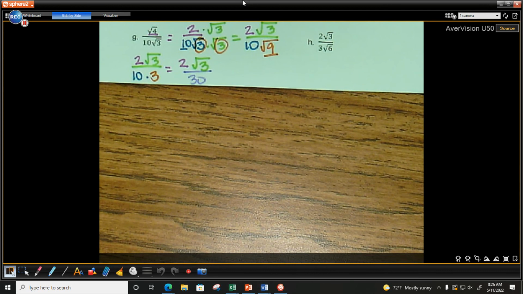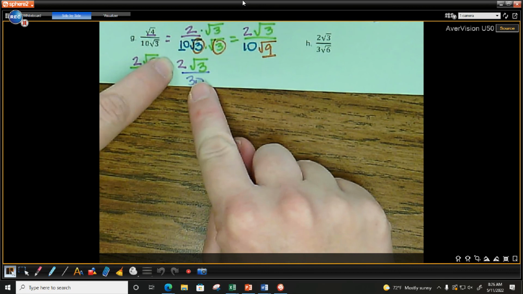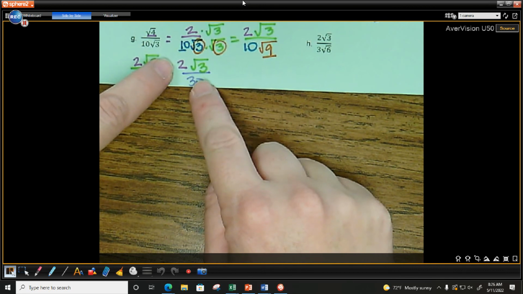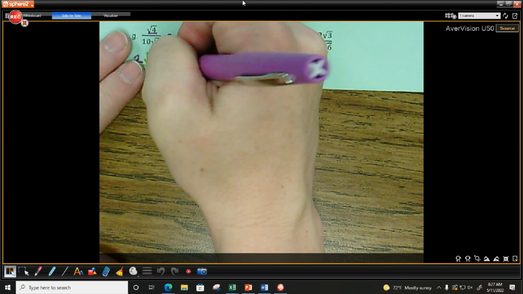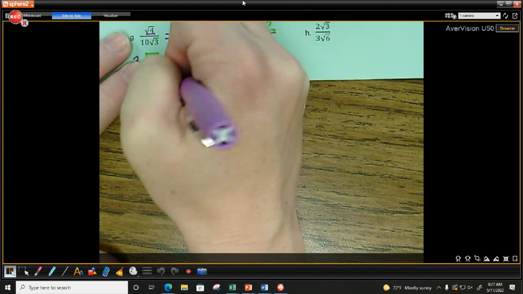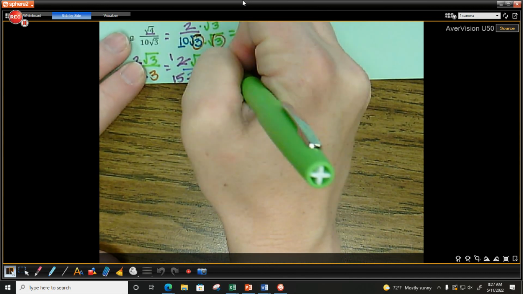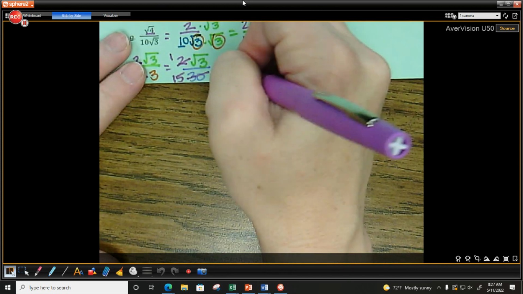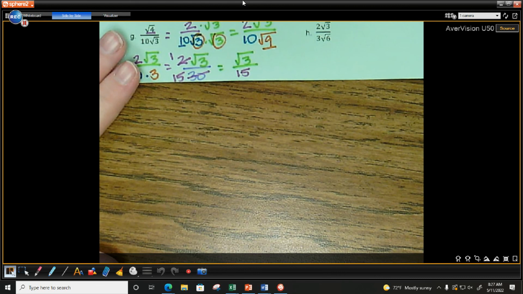Yep. 30, sorry, not 13. 2 and 30 are both outside. 2 and 30 are both divisible by what? 2. So 2 divided by 2 becomes 1, and 30 divided by 2 is 15. So this just becomes root 3 over 15. Can you still put the 1? Yeah. I'm okay if you still have the 1.